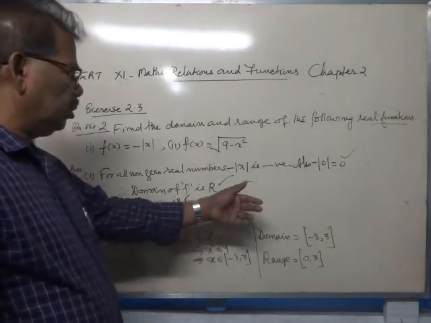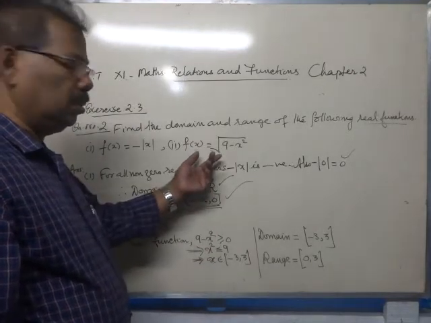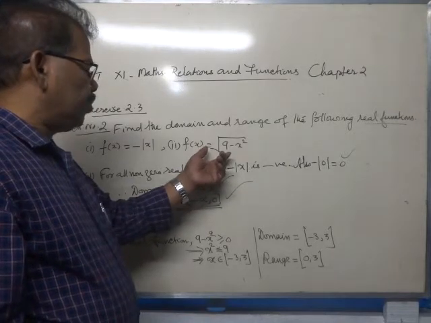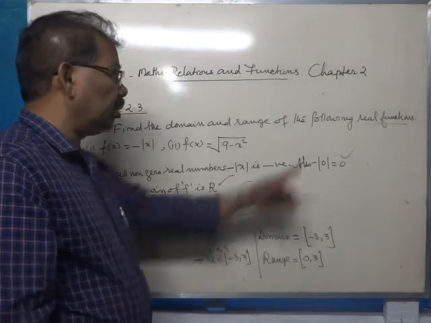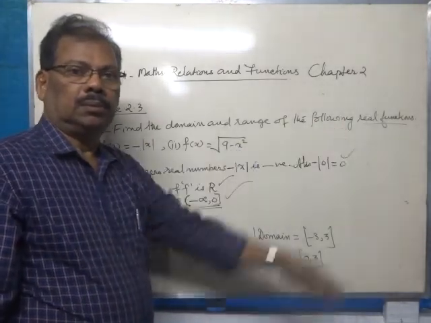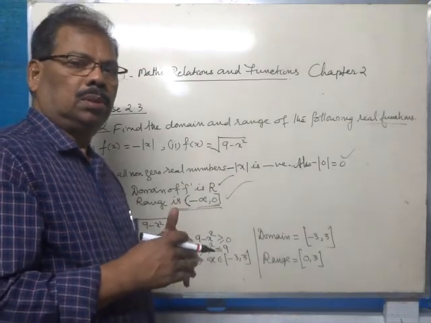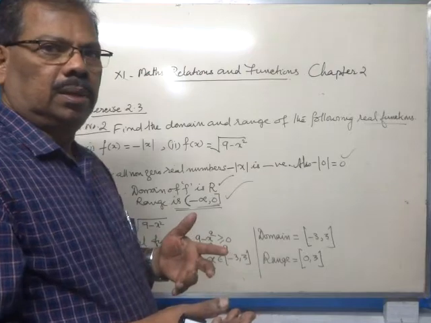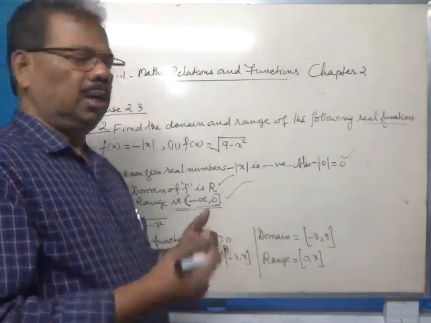Now coming to the second part of the question, the y part, that means the image, is given to be square root of 9 minus x square. It's a real function. Real function means both x and y, that is domain and the range, must be real.